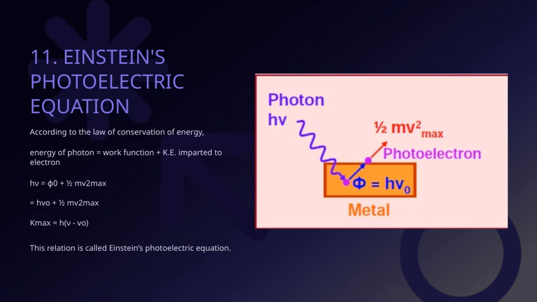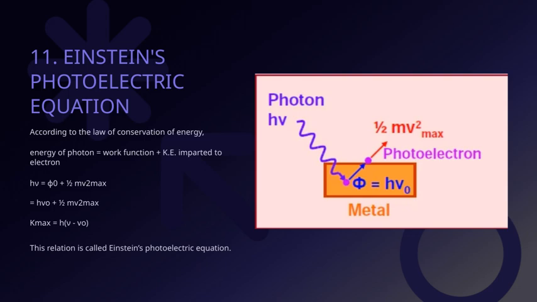If we rewrite the equation in terms of energy, it becomes hν equals φ0 plus 1/2 m v² max. In this form, the energy of the photon is equal to the work function plus the kinetic energy imparted to the electron. This highlights a key point. The energy of the photon is used to overcome the work function, and any excess energy is converted into the kinetic energy of the emitted electron.